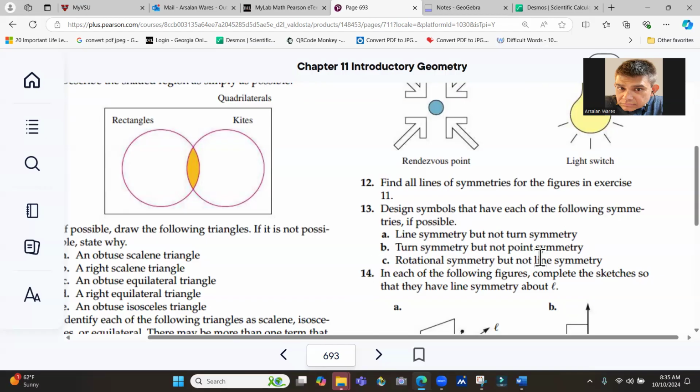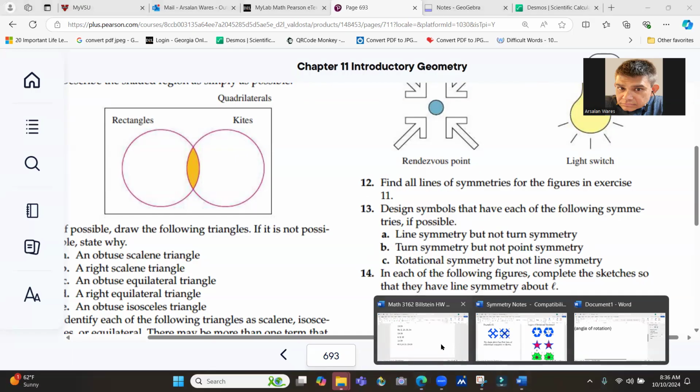Turn symmetry, but not point symmetry. Let's not worry about it. We didn't talk about turn symmetry. Rotational symmetry, but not line symmetry. That would be the recycling bin sign that has rotational symmetry, but it doesn't have line symmetry. So I won't ask you to design anything, but we did it.